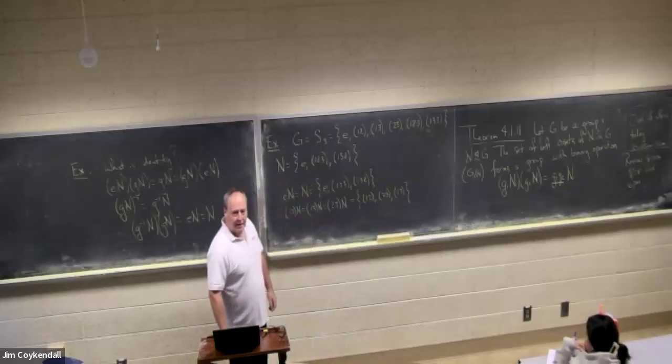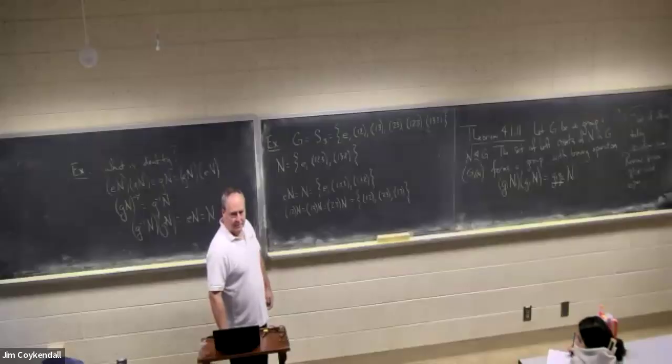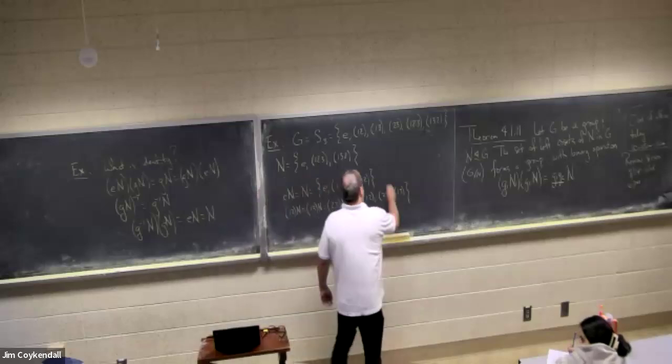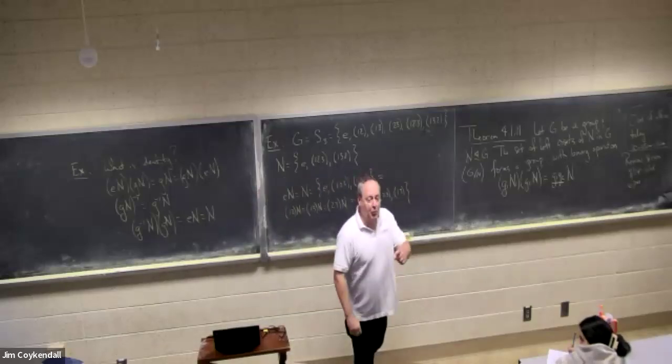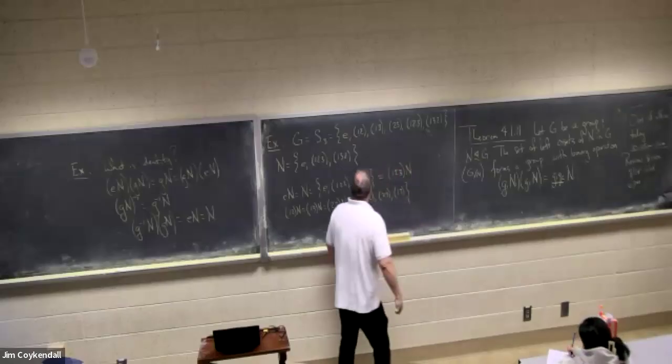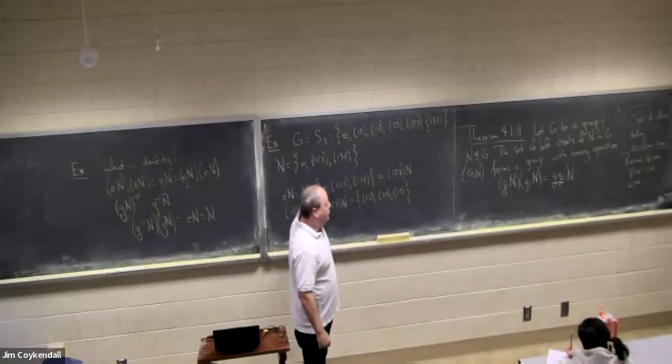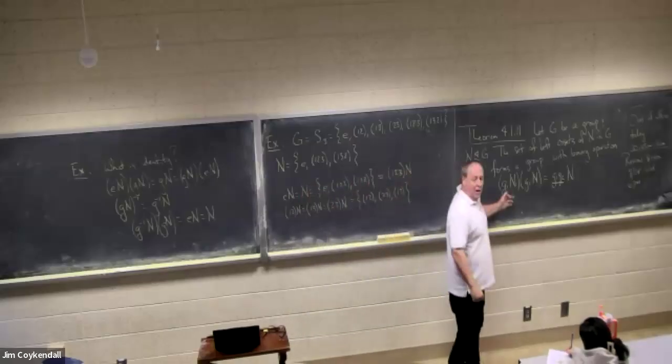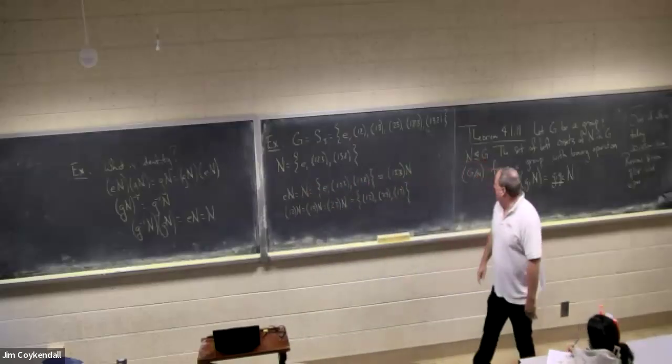Can I try asking my question again? If I chose 1, 2, 3, that's in the coset with the identity. It will still work using that definition as an identity. That is a great question. You can use multiplication, tomato, tomato, right?